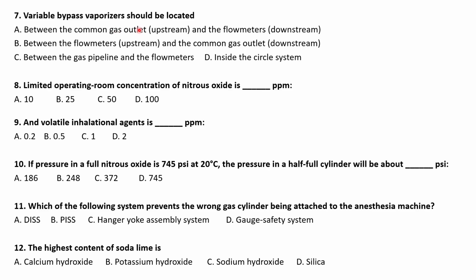A variable bypass vaporizer should be located between common gas outlet upstream and flow meter downstream, between flow meter upstream and the common outlet downstream, between gas pipeline and flow meter, or inside the circle.